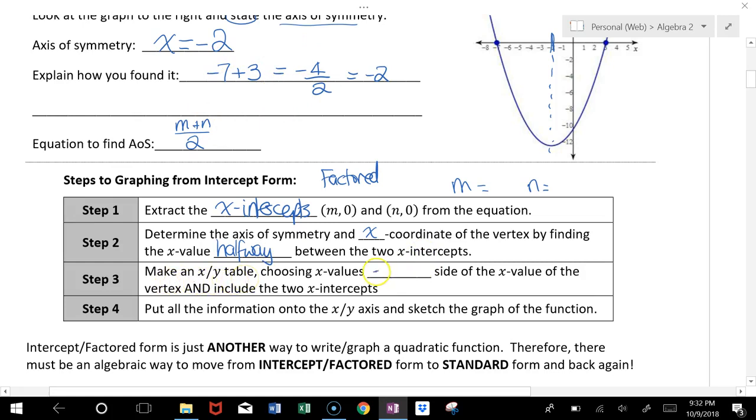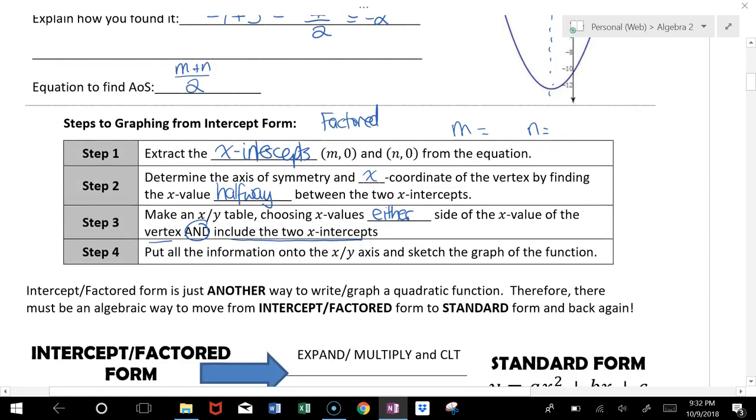Step 3, choose x values on each side of the vertex and include the two x-intercepts that we found from step 1. Step 4, put all information onto the xy axis and sketch the graph of the function.